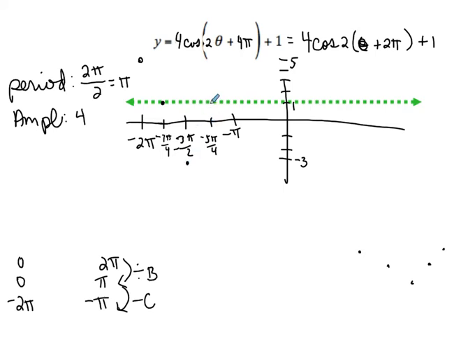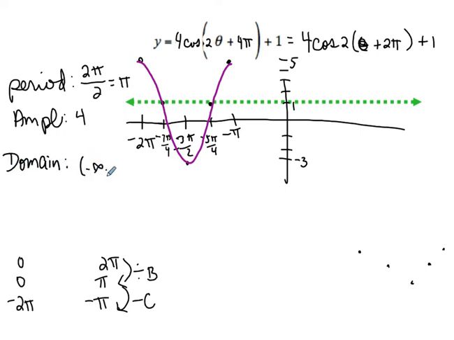And it's going to go back up to my x-axis and then back up to 5. And then I'm going to draw in my curve. This one's a little trickier to draw. See how it's curved?